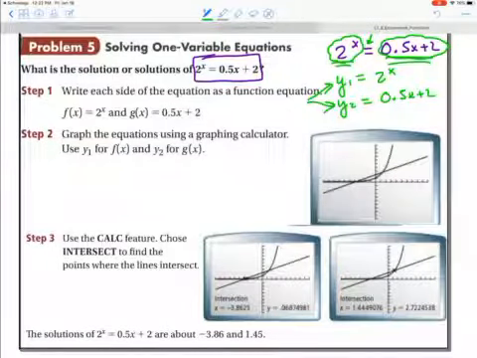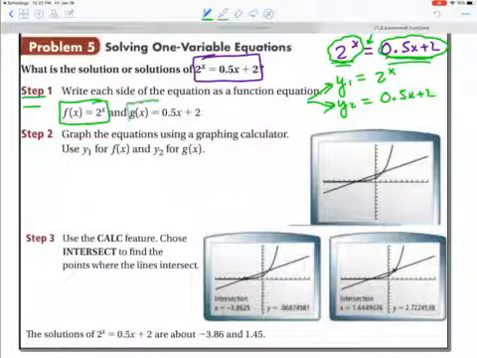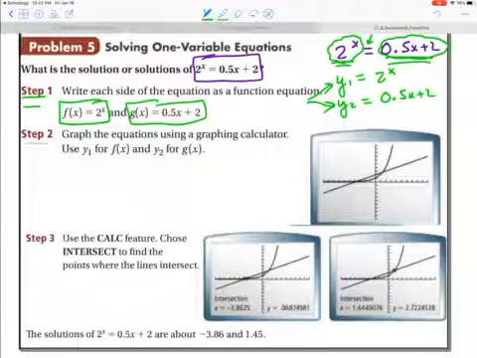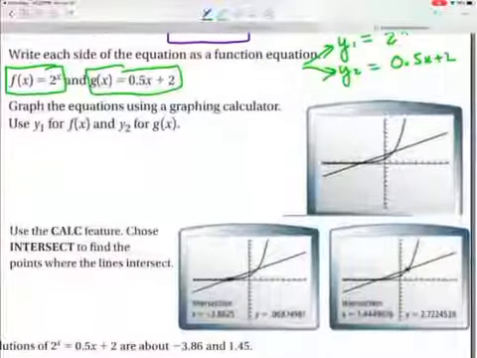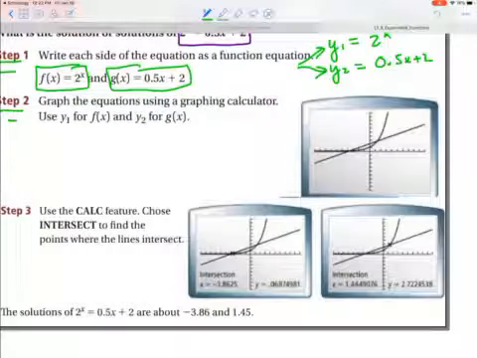So I'm finding their intersection point. The first step is to write our two equations, and that's what we have. The second step is to graph them on a graphing calculator, and this is what you'll get, these two graphs.